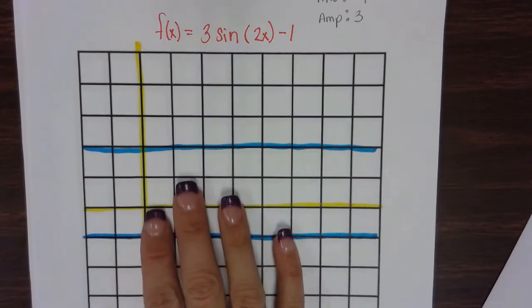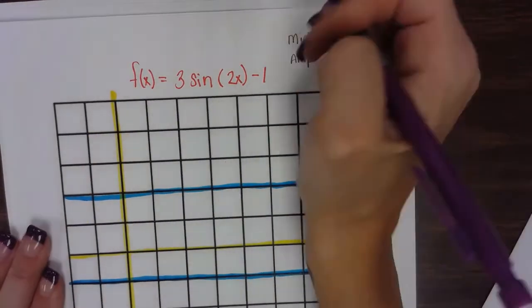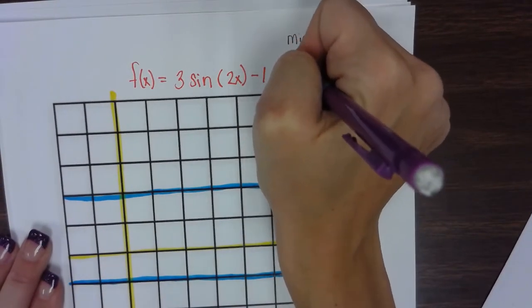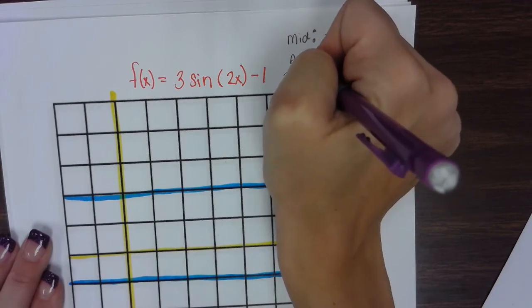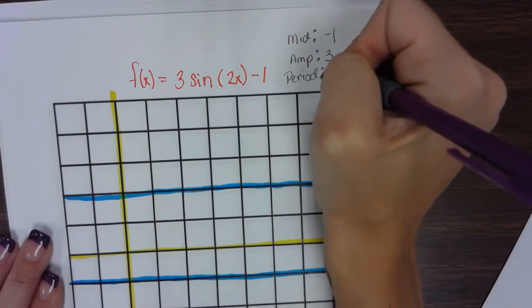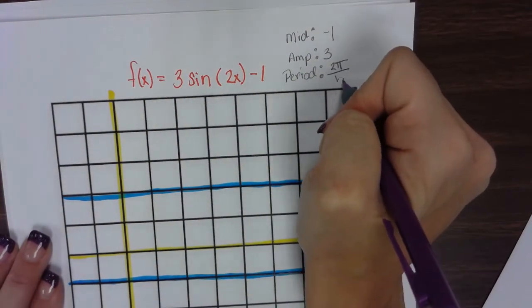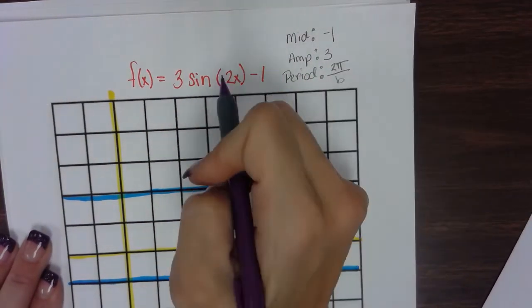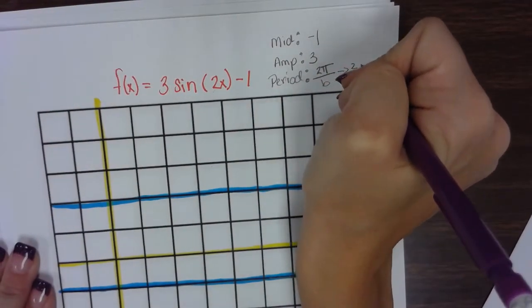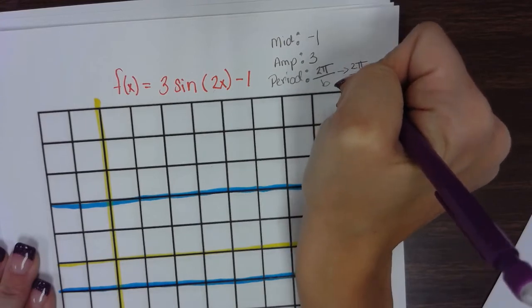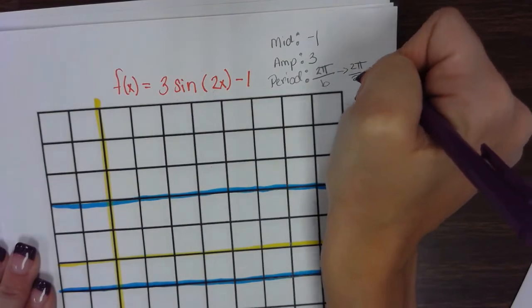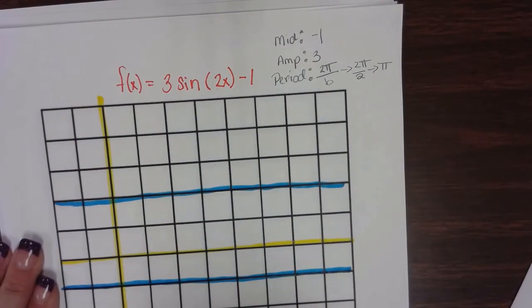Okay. The next thing I had you find was your period. Your period for sine and cosine will always be 2 pi over b. B is the value in front of x. So in this case, it's going to be 2 pi over 2. Reduce that down, we get pi.